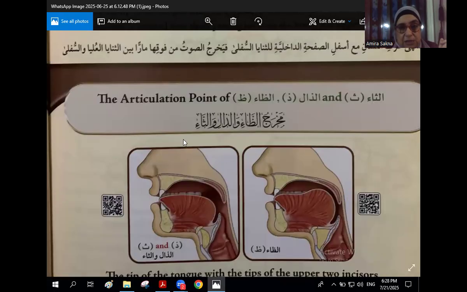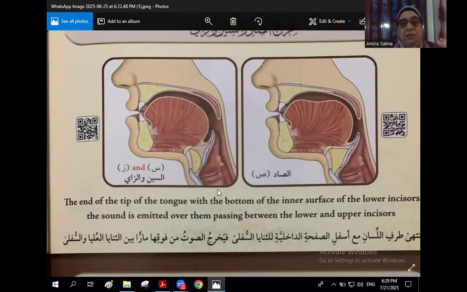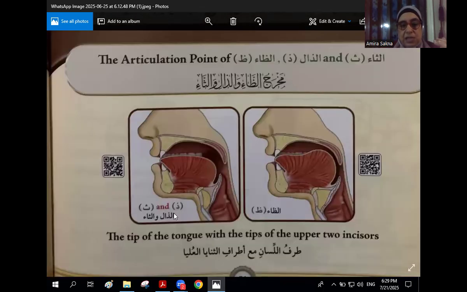The articulation point of the thaa is the end of the tip of the tongue with the bottom of the inner surface of the lower central incisors. Completely different articulation point. Do not mix between them. This is one sound and this is another sound. This has its own characteristics, and the thaa also has its own.